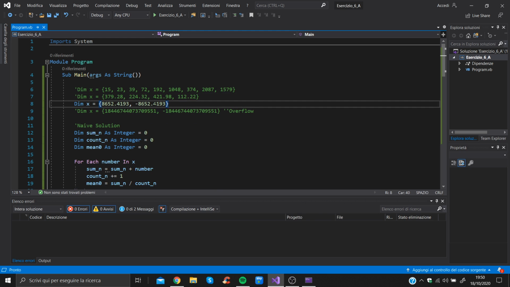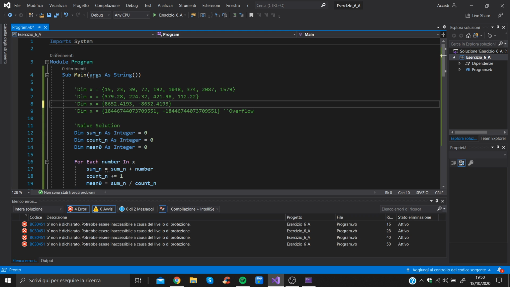But this is only because we are considering the mean of two numbers that are the same but with opposite sign, of course. The sum of those is 0, divided by the number of elements in the set, which is 2, is also 0.